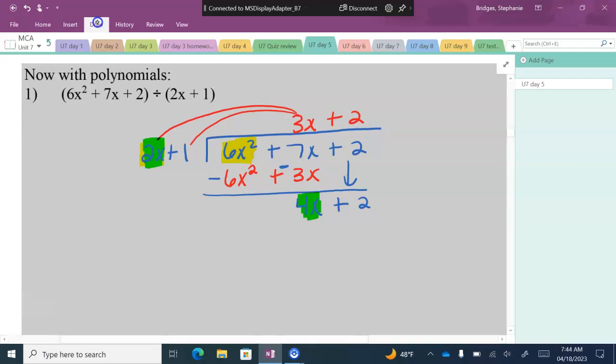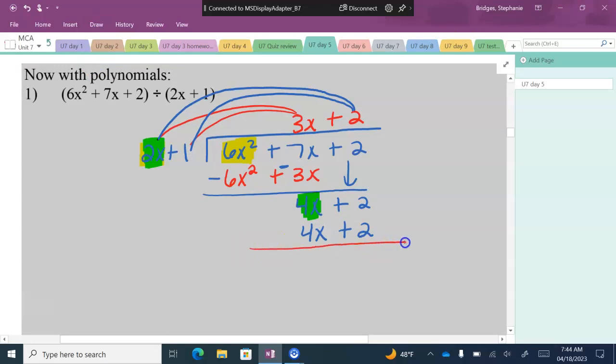And then we're going to remultiply, but just by the 2. This 2 gets multiplied by the 2x, which gives me 4x. And then the 2 also gets multiplied by the 1, which gives me a plus 2. And then we are going to draw the line and make sure you change every sign. If you forget to change all of the signs, you're going to end up with the wrong answer, and it's probably going to turn into a mess.